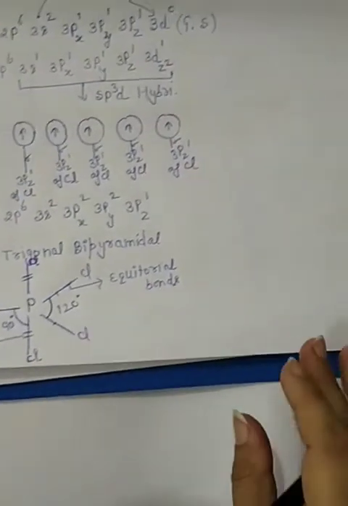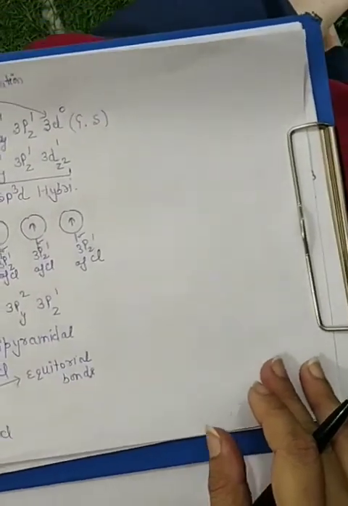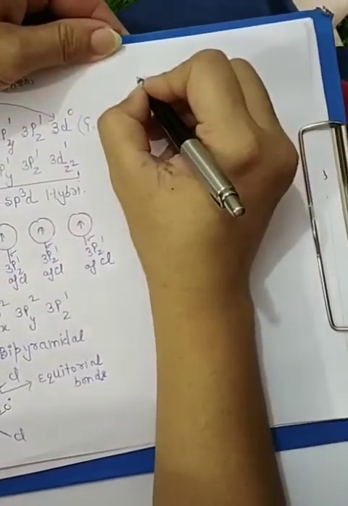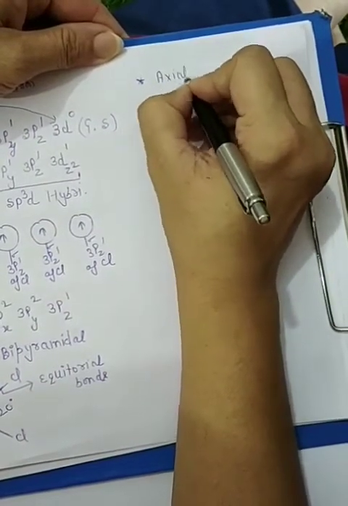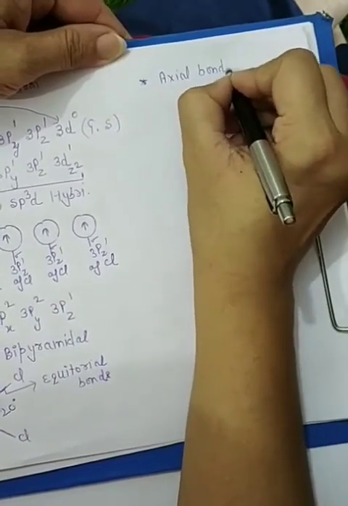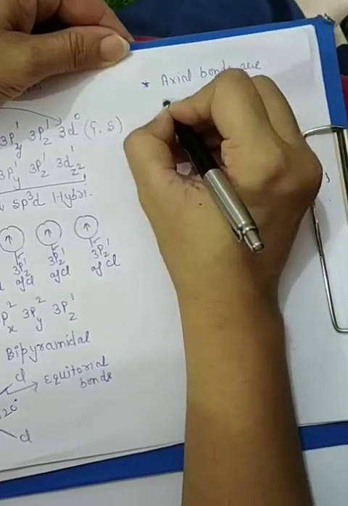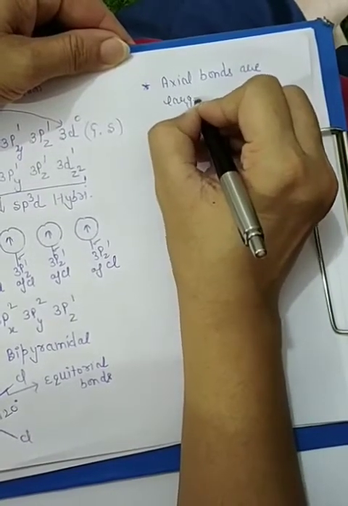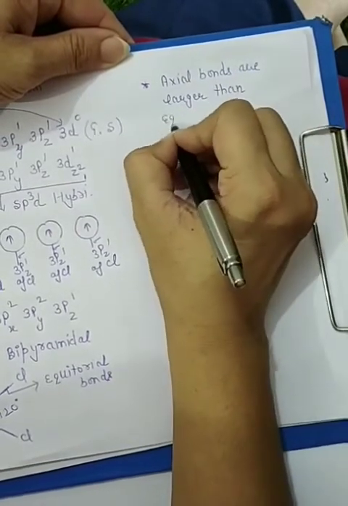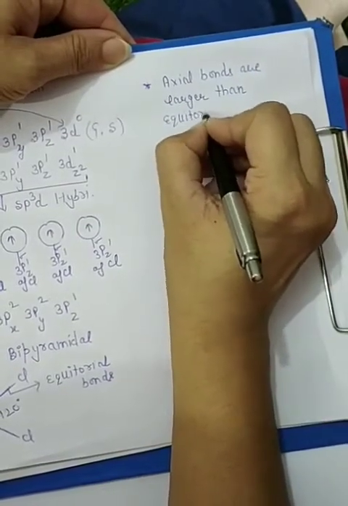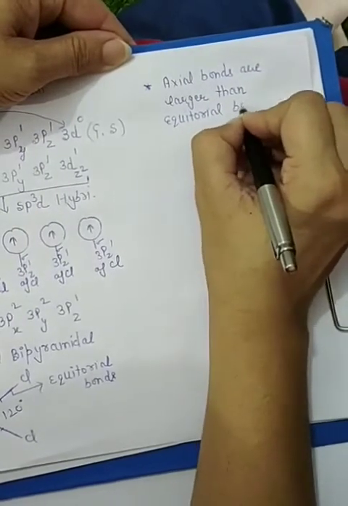Now one main point about these bonds is that axial bonds are larger than equatorial bonds.